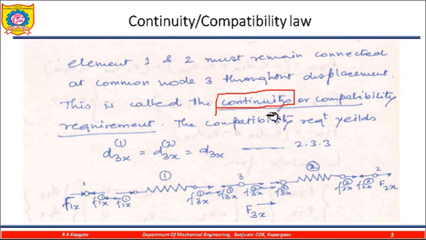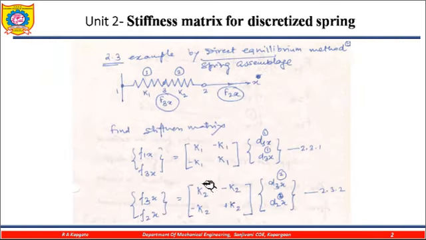It means there is a need for continuity: d3x of element 1 at node 3 is equal to d3x of element 2. These points are connected. If this point is disconnected, then we could not solve this problem as a continuous problem. So continuity is required.